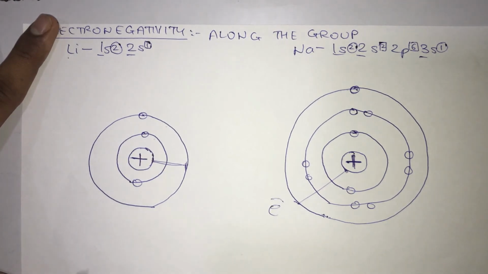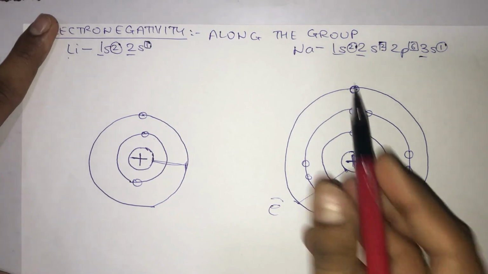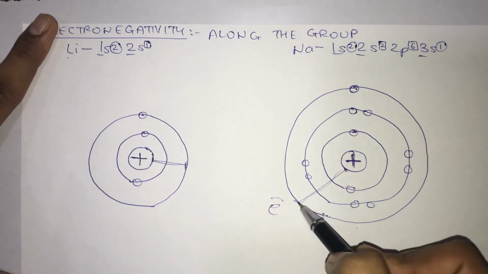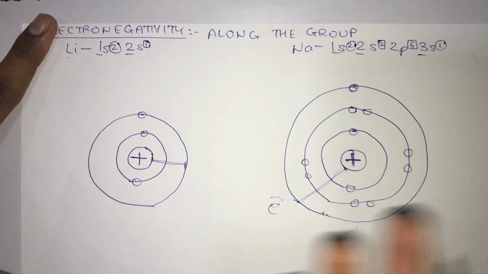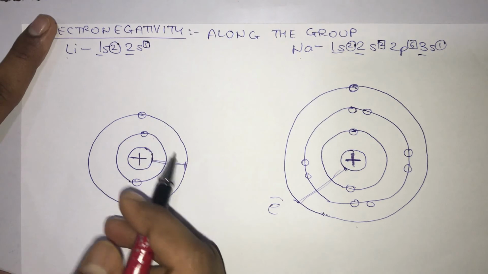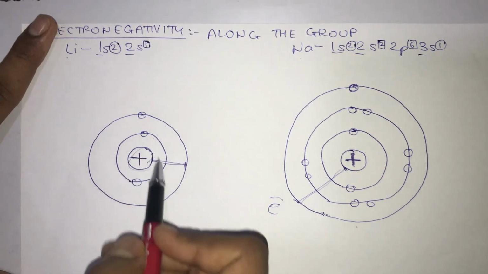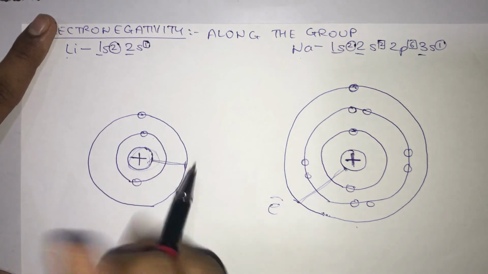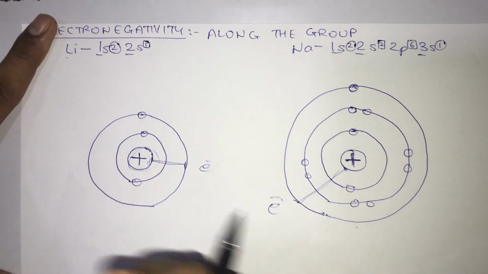Am I right? See, sodium has 3 energy levels. Therefore, the atomic radius of sodium is greater, as we have seen just now. Okay. Whereas the atomic radius of lithium is less. Therefore, the nucleus of lithium has a shorter distance to be covered in order to attract an electron which is closer to it.